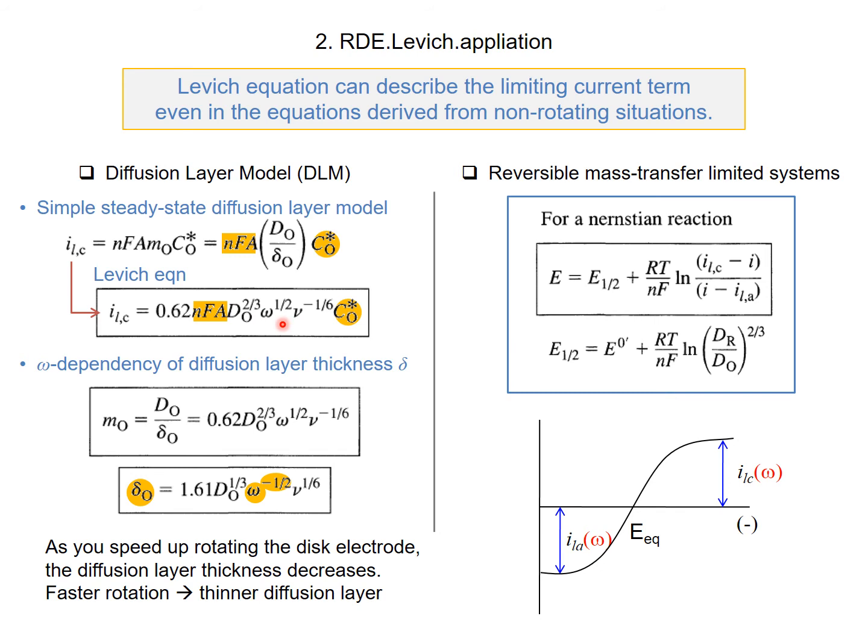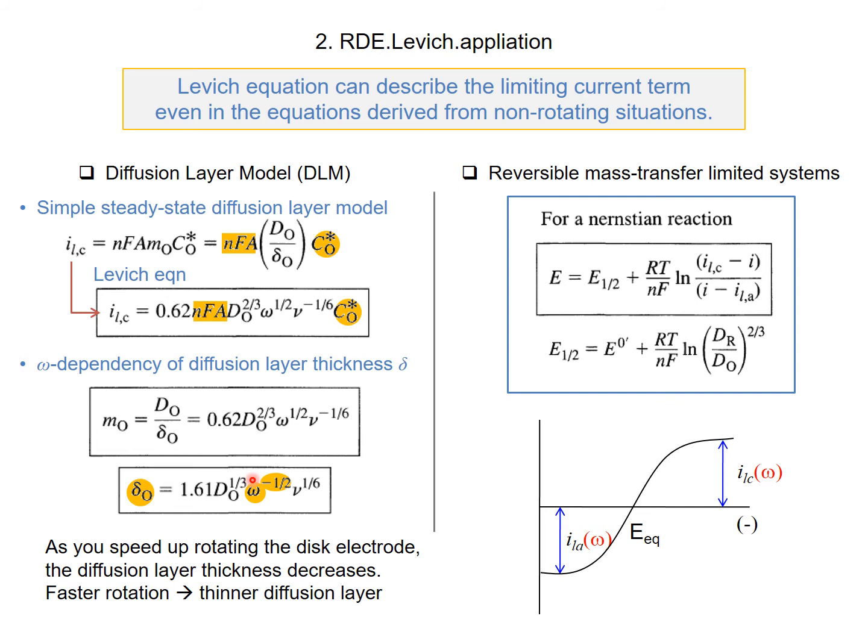By combining this diffusion layer model equation with the Levich equation, we could obtain the rotational speed dependency of the diffusion layer thickness, delta. That is to say, delta of the oxidized species is inversely proportional to the square root of omega, the rotational speed.